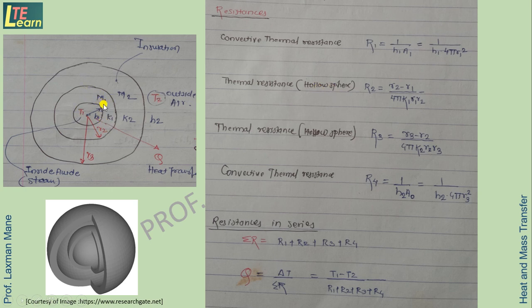It has 2 radii, outer r2 and inner r1. So the formula for the sphere resistance is R2 equal to small r2 minus small r1, divided by the surface area term 4 pi K1 r1 r2. This is the surface area term for the hollow sphere.